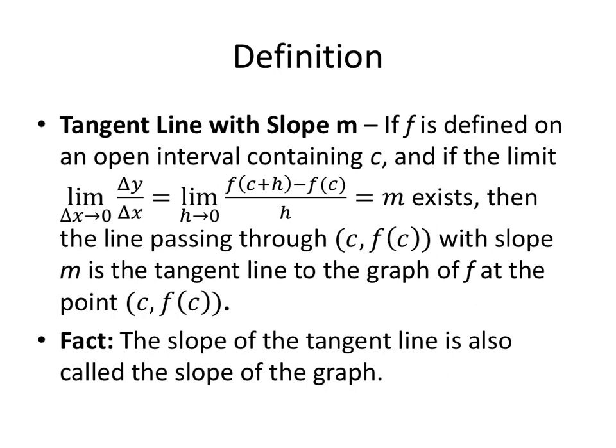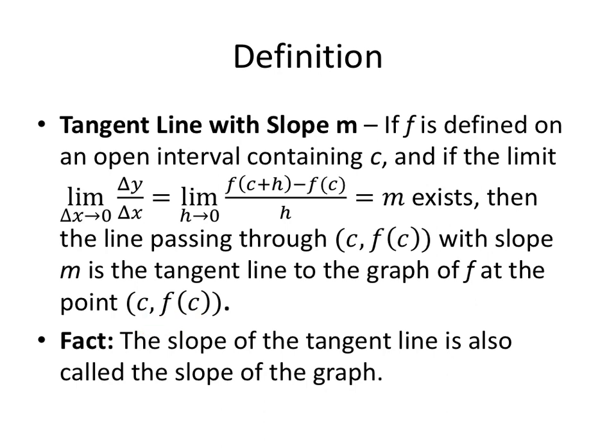Starting with a definition, the tangent line with slope m. If f is a function that's defined on an open interval containing c, and if the limit as delta x approaches 0 of delta y over delta x, change in y over change in x, which is just a slope formula, is equal to the limit as h approaches 0 of f of c plus h minus f of c all over h, which we're going to call m, if these limits exist, then the line passing through the point c comma f of c with slope m is the tangent line to the graph at the point.